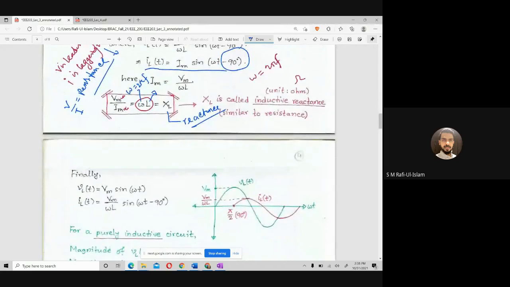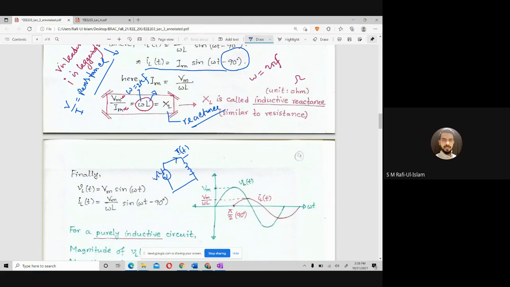So for an inductive circuit, if I have a voltage source connected with an inductor, the voltage current response would be like this.